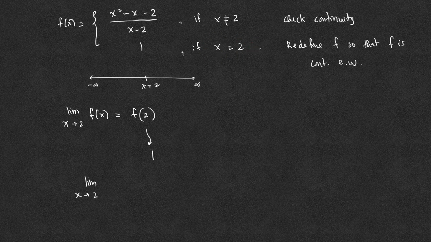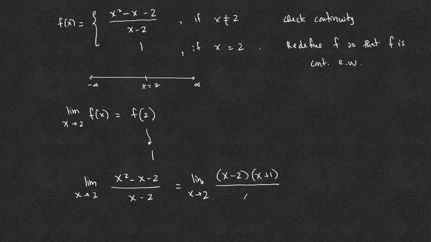Thus, the expression that we will need to use to find the limit at x equals 2 is (x squared minus x minus 2) over (x minus 2). We factor the numerator to end up with (x minus 2) times (x plus 1). The denominator is still x minus 2.